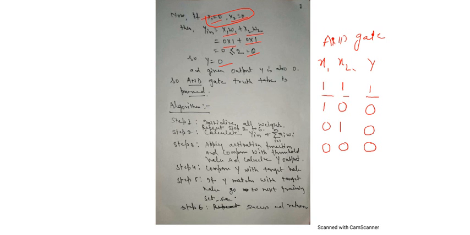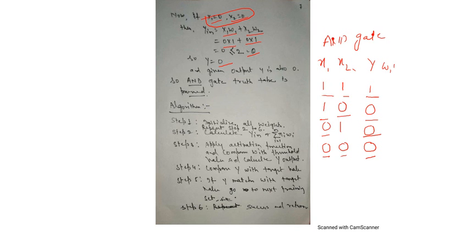If x1 is 1 and x2 is 0, what output are we getting? We are getting y as 0. If we apply 0 and 1, we get y as 0. If we give 0 0, then also we get y as 0. And in each case, W1 and W2 are 1 1.